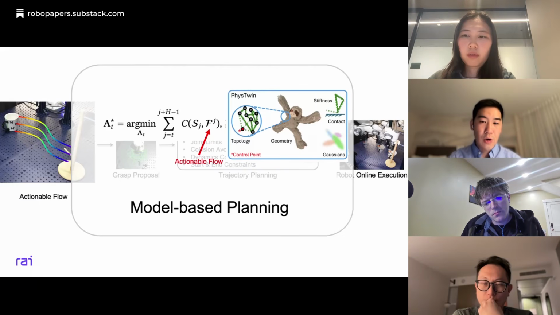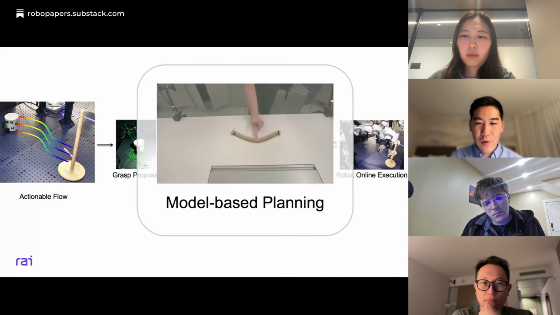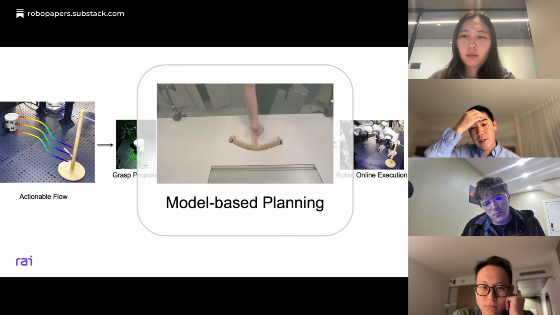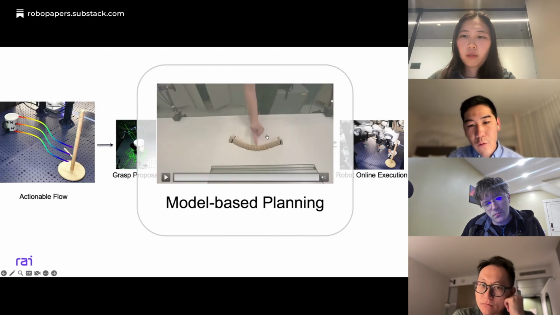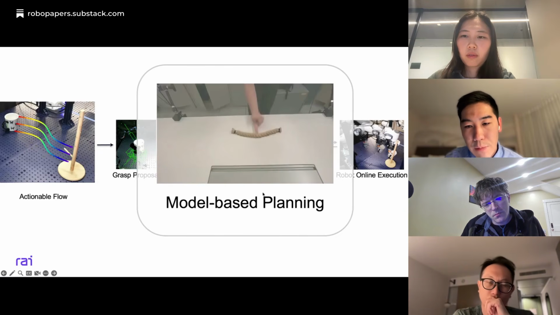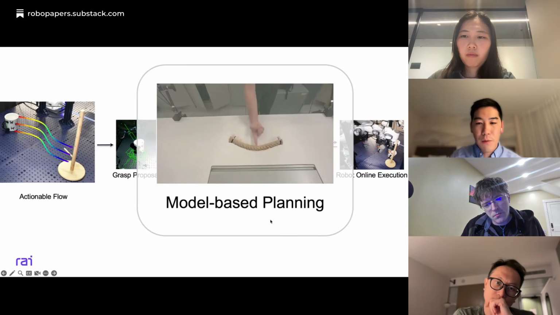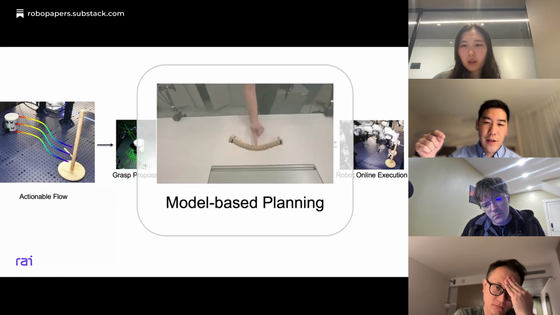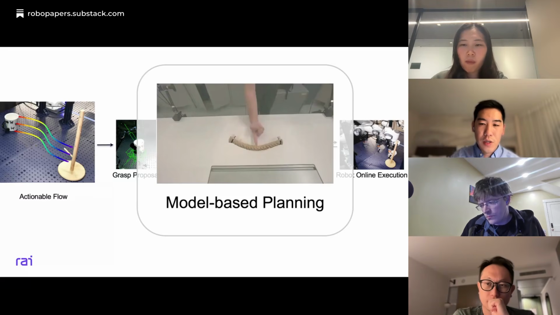Assuming we have a particle model, here we use Fist-Twin as a particle model. It's awesome, right? So here's what Fist-Twin looks like. And you can see an overlay on the captured video. So for example, on a rope, you have a human hand providing a sequence of actions.